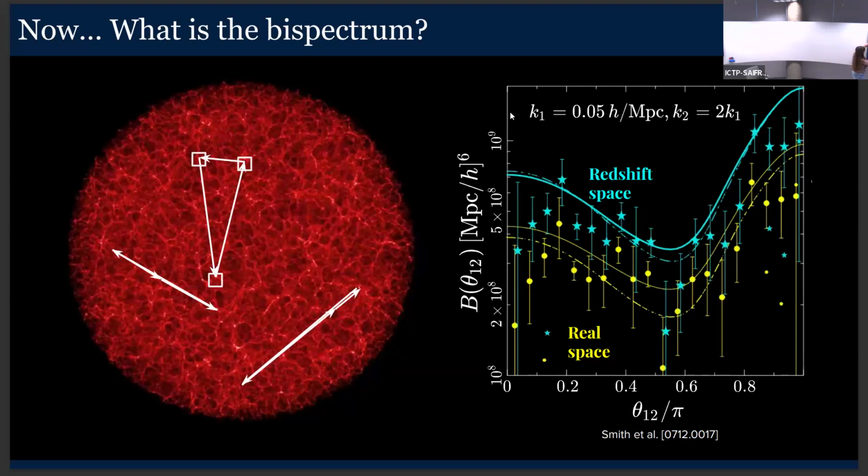The angle between these two, you squeeze this triangle, and this angle here, for example, becomes 0. Then you look at how much of this squeezed configuration is contributing to your total perturbation, and you give this triangle a certain amplitude. You can also do the opposite: you can open completely this triangle, and you also have contributions for that particular configuration.